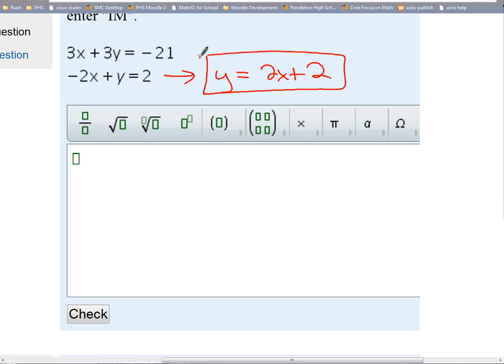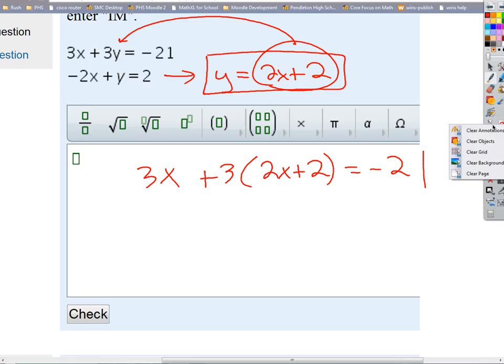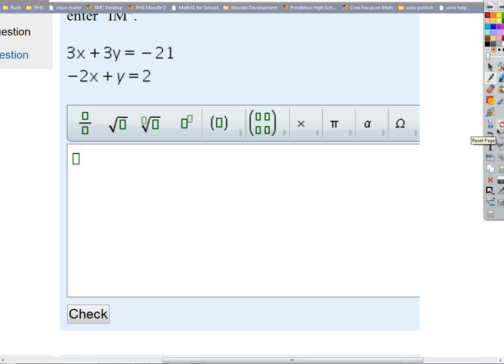Wherever I had a y in the top equation, I'm going to put that stuff. So I end up with the equation on top, and we won't do this one because we just did one like this, but it'd be 3x plus 3 times the quantity 2x plus 2 equals negative 21. And then you're off to the races, right? That's not a big deal.